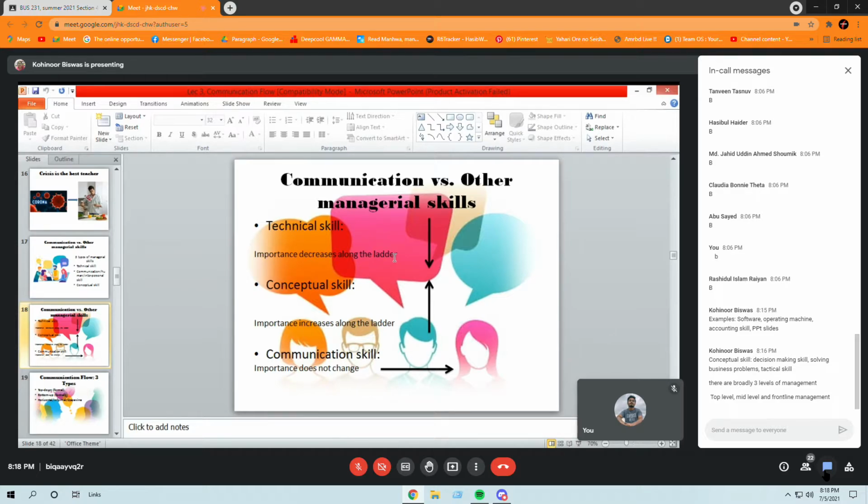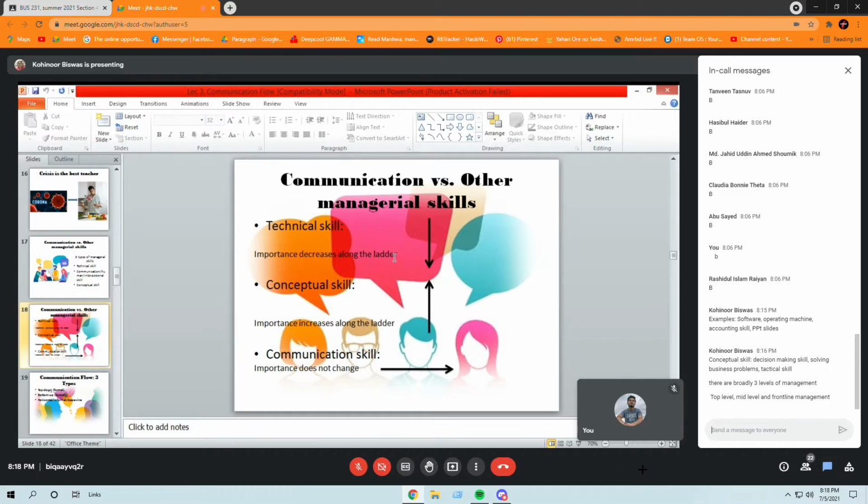The CEO will have a supporting group or secretary to help with technical matters. The CEO may not use the technical skill by himself, and may take help from the supporting group or secretary to get it done. Am I clear why the importance of technical skill is decreasing along the ladder?